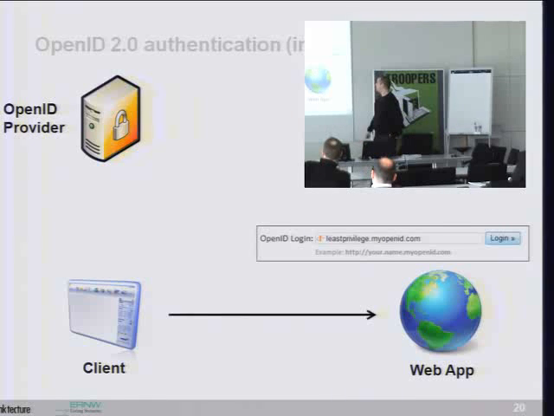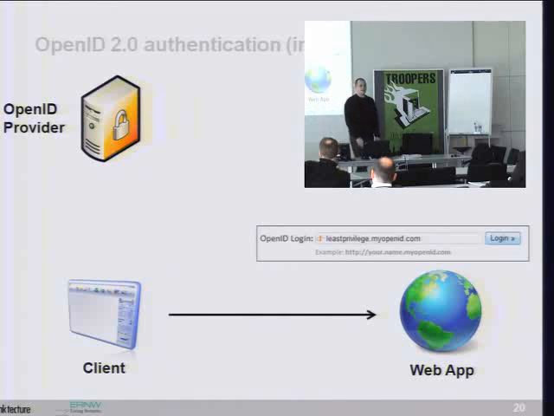The first step in the OpenID world is that you provide something like this, an OpenID logon, and then they have come up with a name scheme, which typically means user account dot OpenID provider. Okay, so in my case, my user account is least privilege, and the provider is myopenid.com.